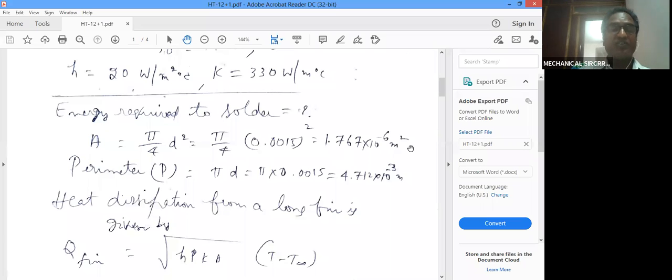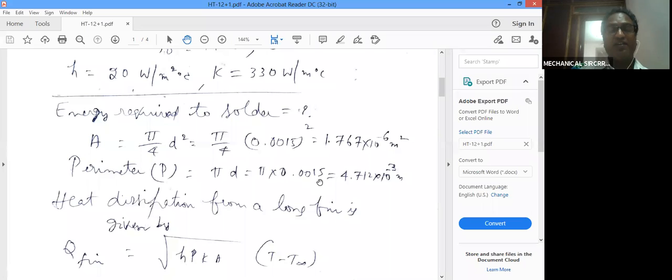Perimeter. For a circle, how do you calculate perimeter? Pi d, 2 pi r or pi d. Perimeter of the circular wire is pi d, that is pi into the diameter of the wire, 0.0015.